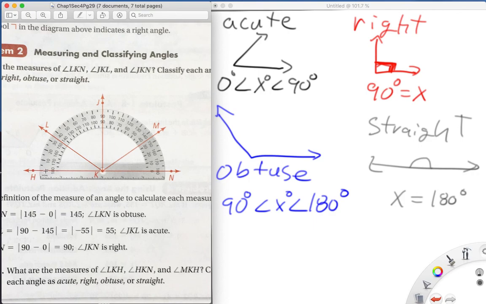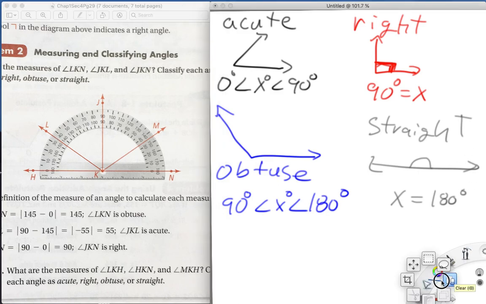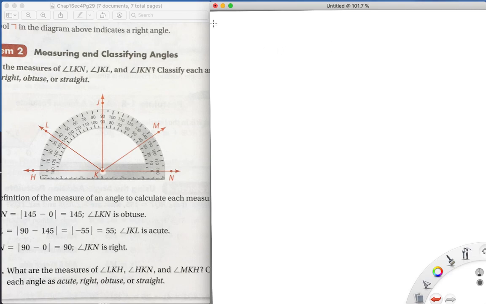I'm using the outside set of numbers, and it stops at 35. So the measure of angle LKH is 35 degrees. Since it's between 0 and 90, it is acute.